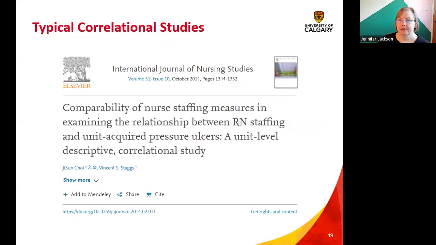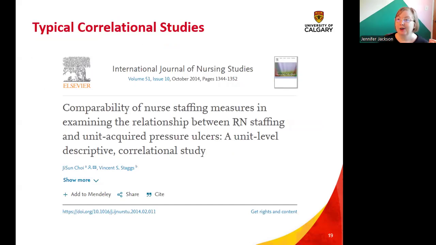So for a correlational study, we look at staffing and pressure ulcers. When we have negative correlations, so low rates of staffing, we're going to have high rates of pressure ulcers. When we have high rates of staffing, we're going to have low rates of pressure ulcers.